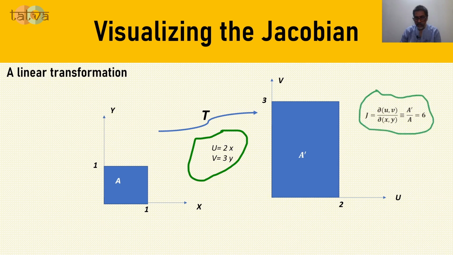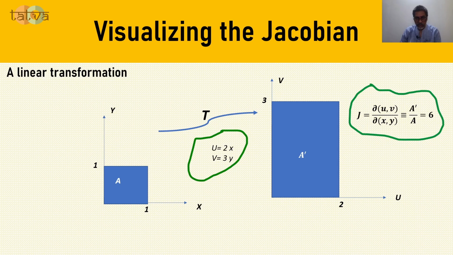Now you can understand what a Jacobian is. In this very simple case, you measure the area in the transform space, that is A prime, which is 6 units, and divide it by the area of the square in the original frame. The area of that square is 1 unit.